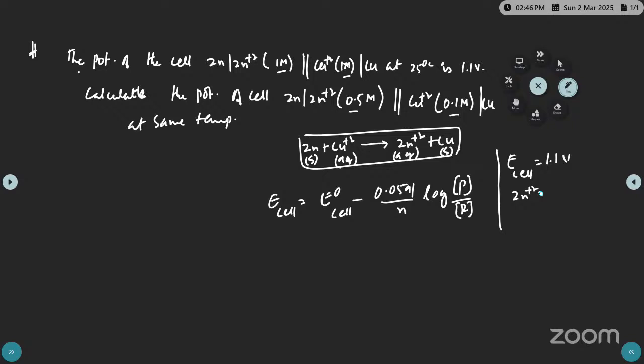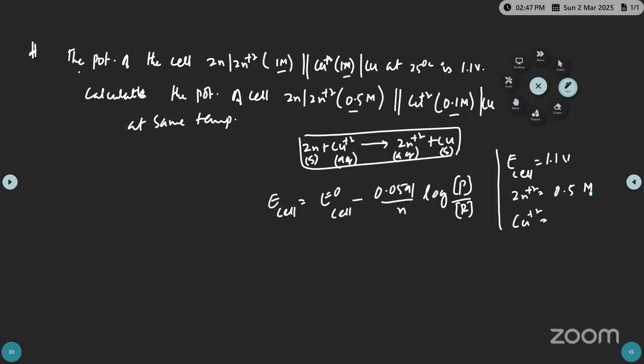So what is the concentration of Zn+2? That concentration is given in the problem. The concentration of Zn+2 is 0.5 M. M means molar, which is different from mole.